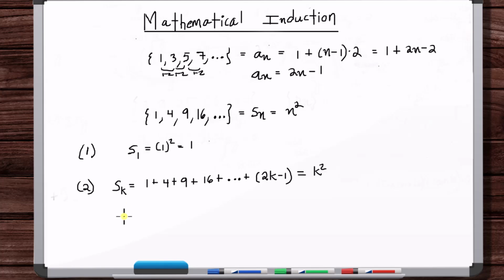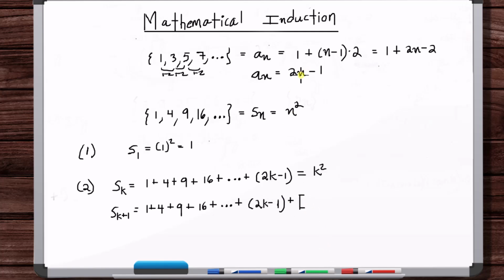So if we assume this is true, can we now show that S of k plus 1 is true? Let's write out S of k plus 1. 1 plus 4 plus 9 plus 16 plus, and so on, until we get to 2k minus 1.